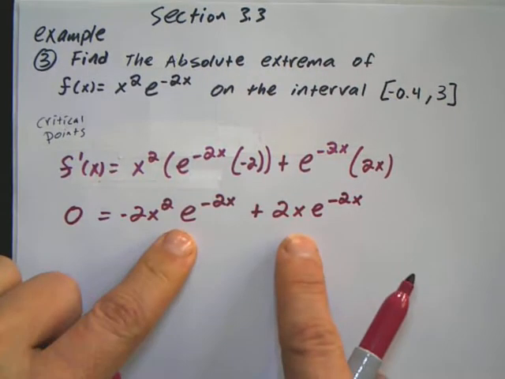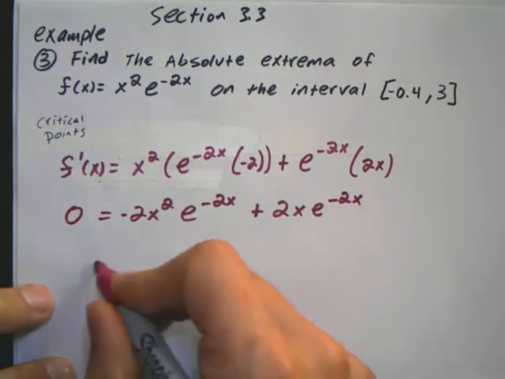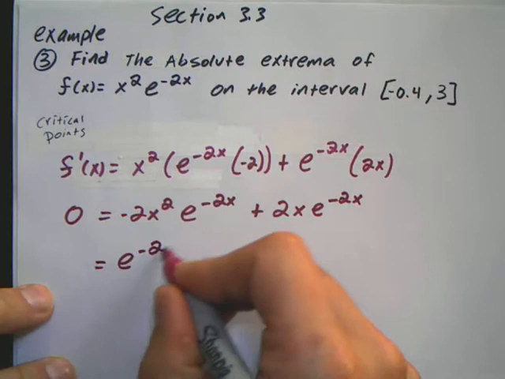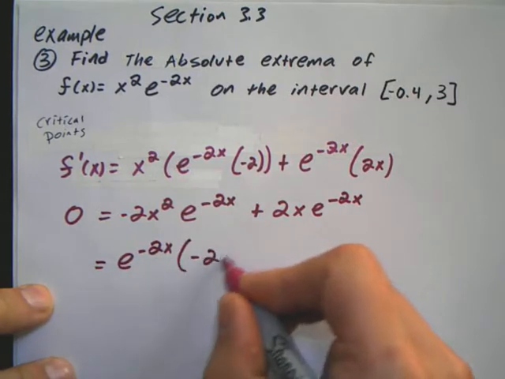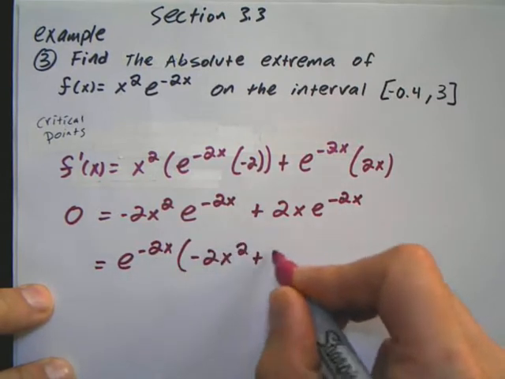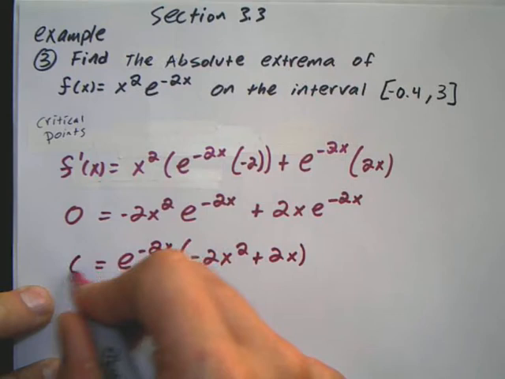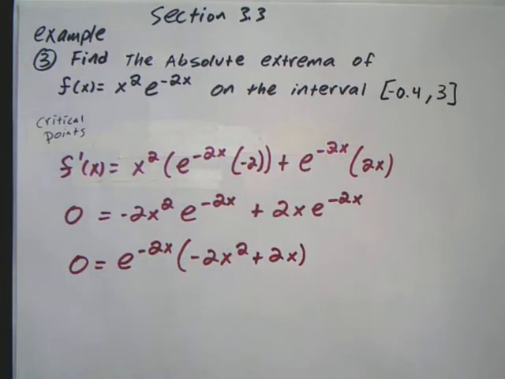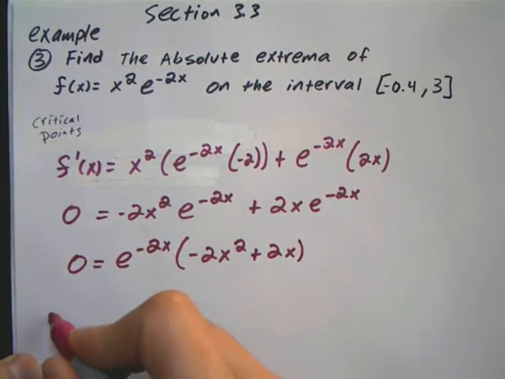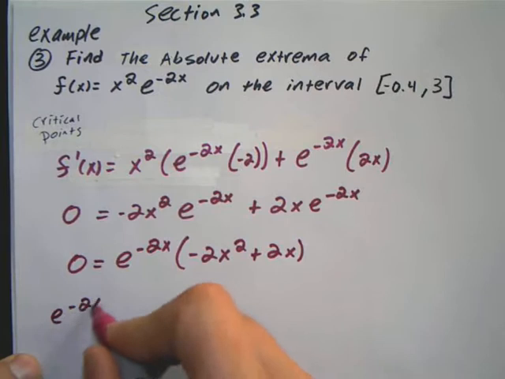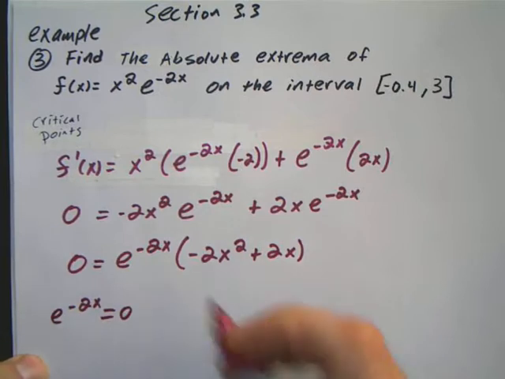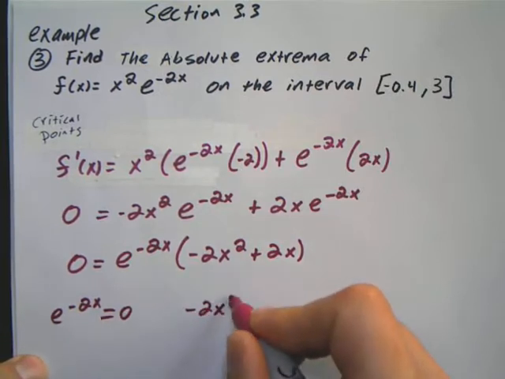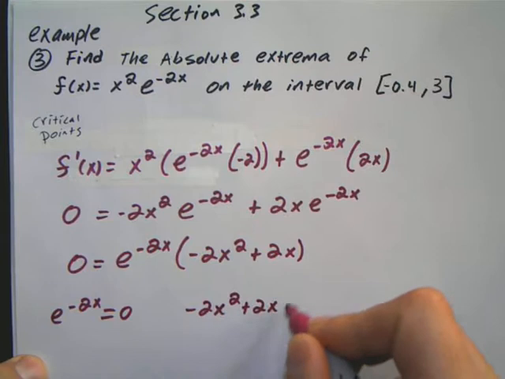Now I have a common term of e to the negative 2x that I'm going to factor out. What I have left over is negative 2x squared plus 2x. Set this equal to 0. Now I can go ahead and solve this. This is going to be e to the negative 2x is equal to 0, and then negative 2x squared plus 2x is equal to 0.